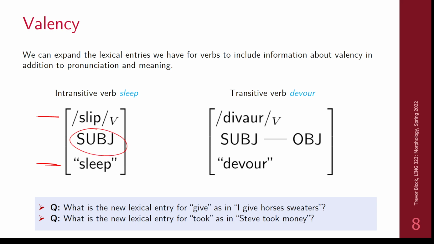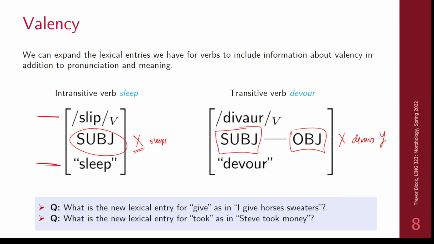This says it wants a subject. This is a verb where you have X, you have sleeps, and we need to fill in that X. For devour, which is a verb that takes a subject and an object, we're saying it takes a subject and it takes an object. So this would be a frame like X devours Y.